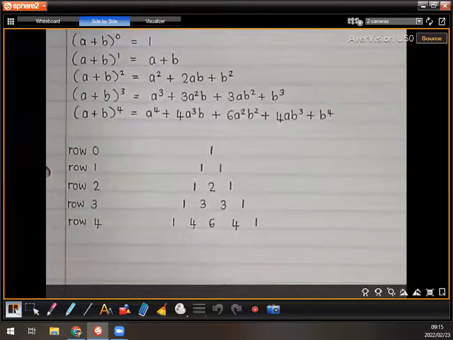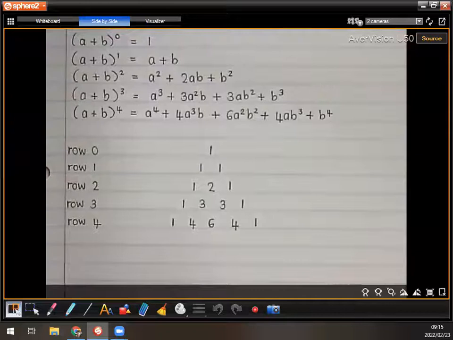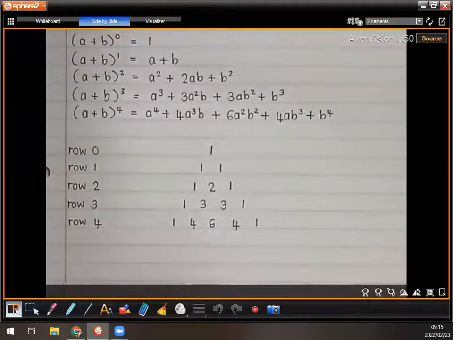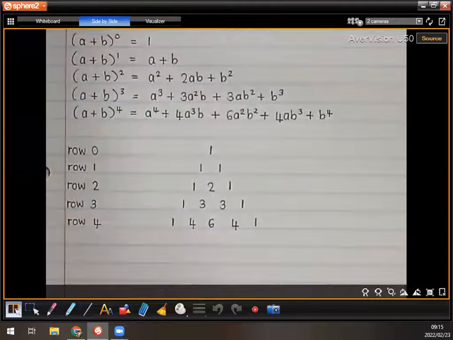Yes. The sum of the exponents. Let's look at the 3. That exponent is 3. 2 plus 1, 1 plus 2, 3.